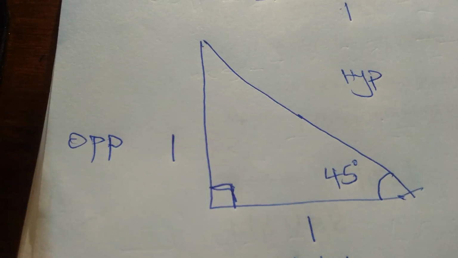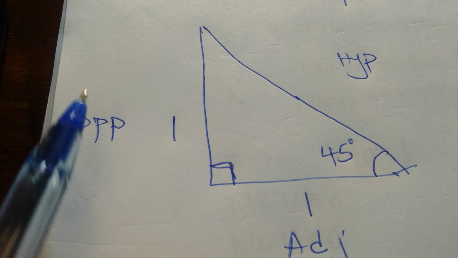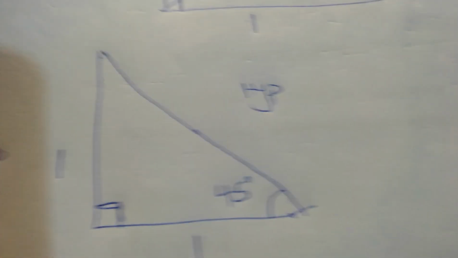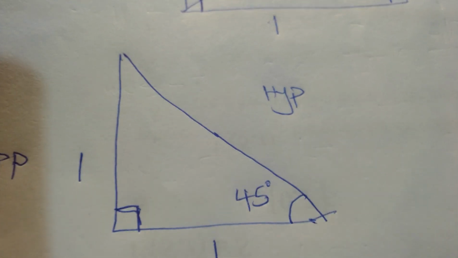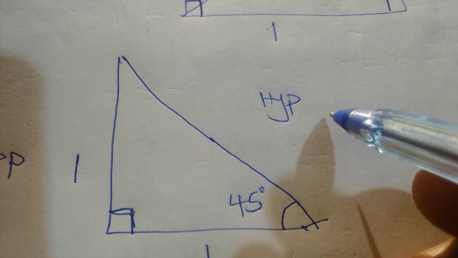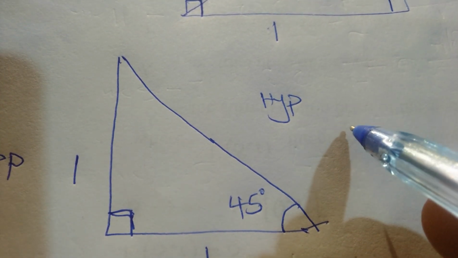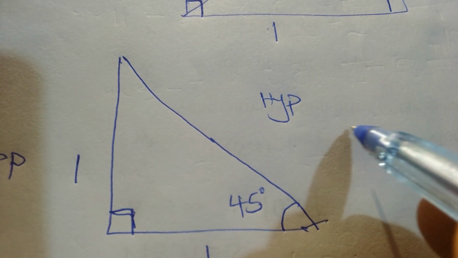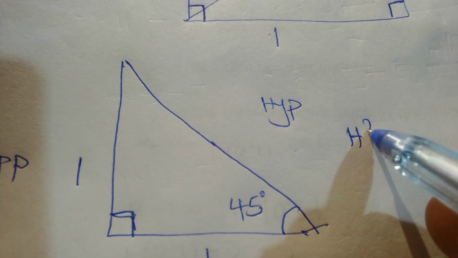So we know the value for adjacent, the value for opposite, but we don't know the value for the hypotenuse side. So we can quickly apply the Pythagorean theorem. The hypotenuse side, let's name it h.